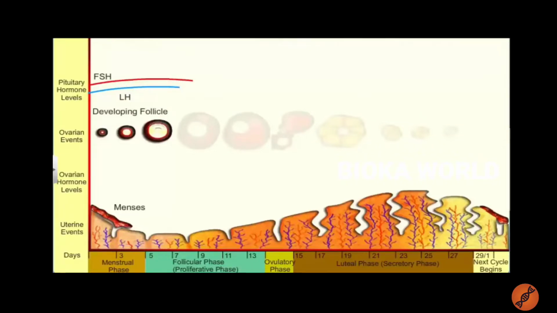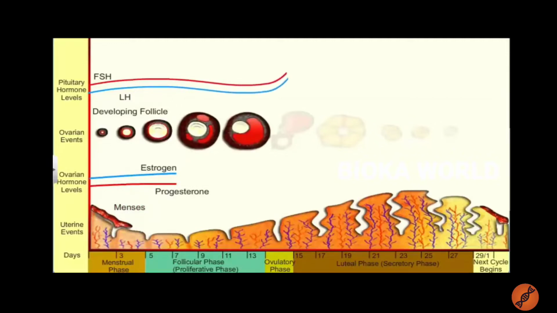However, the amount of estrogen and progesterone released by the ovary during this time is less, which causes the thinning of the endometrium. The release of LH and FSH keeps increasing, and during the follicular stage, these two hormones stimulate the maturation of the primary follicle into the Graafian follicle.